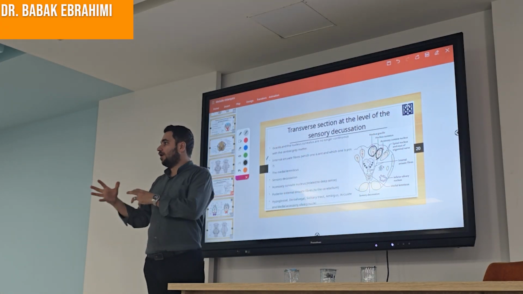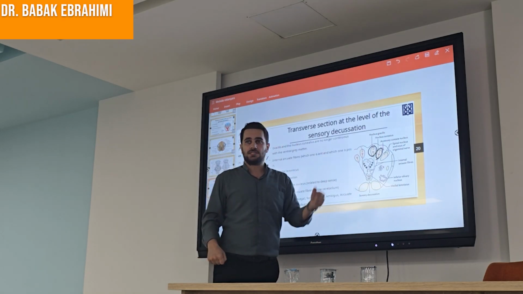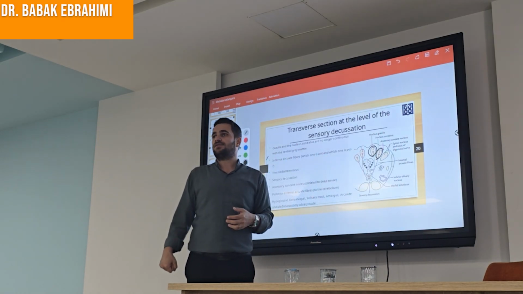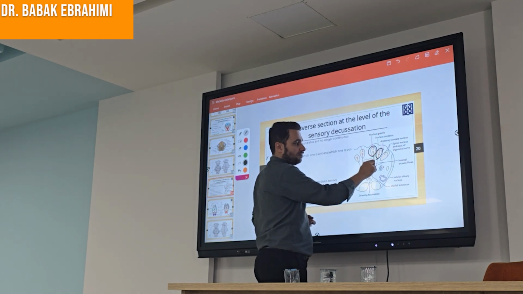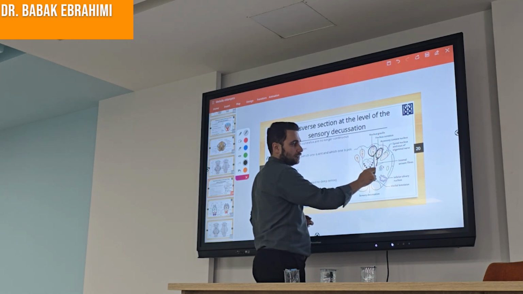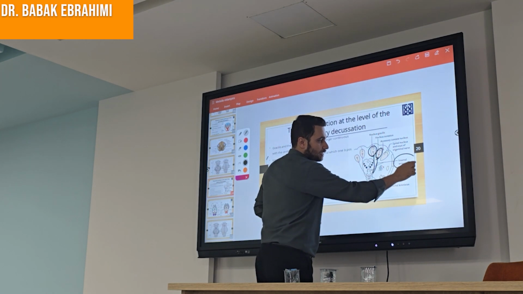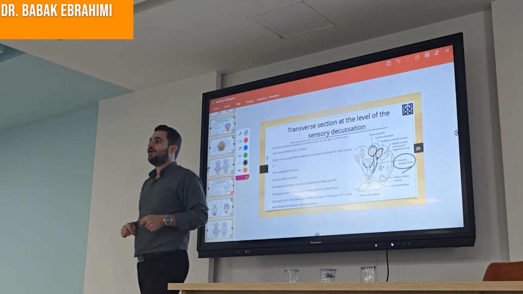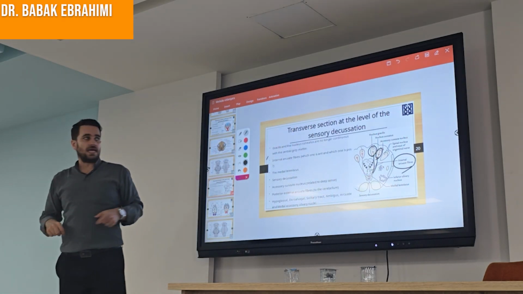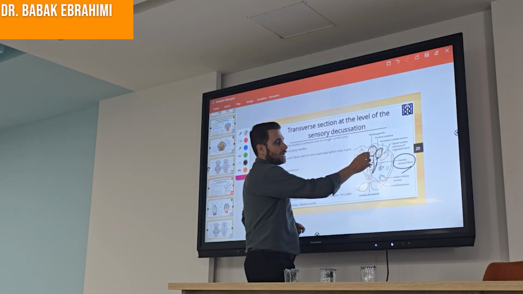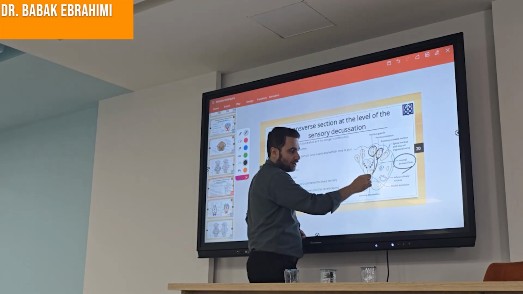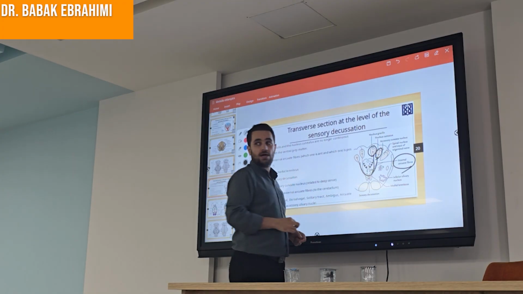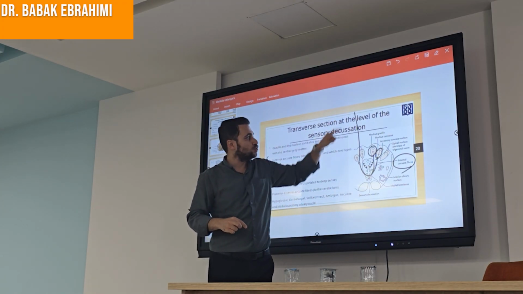The sense of upper limb and lower limb comes to this nucleus. What happened after that? After these two nuclei, we have two fibers. We call them internal arcuate fibers. The internal arcuate fibers arise from gracilis and cuneatus, cross to the other side, and then go to the thalamus.